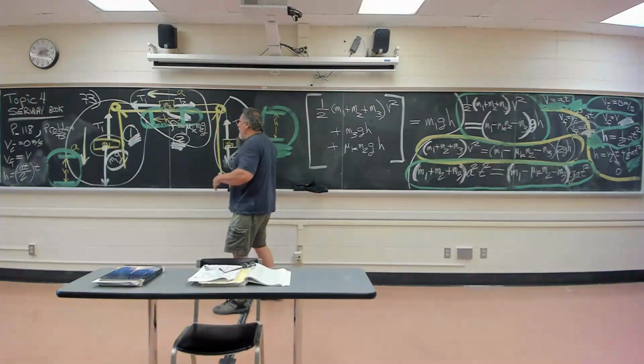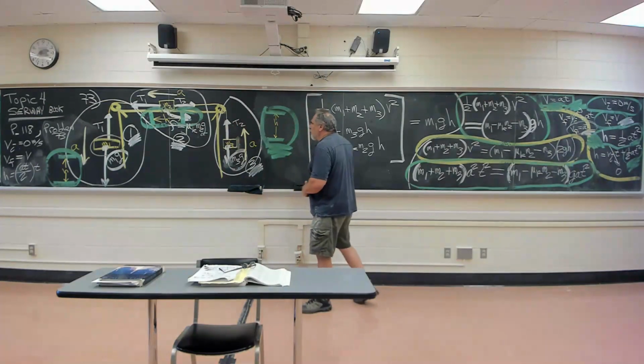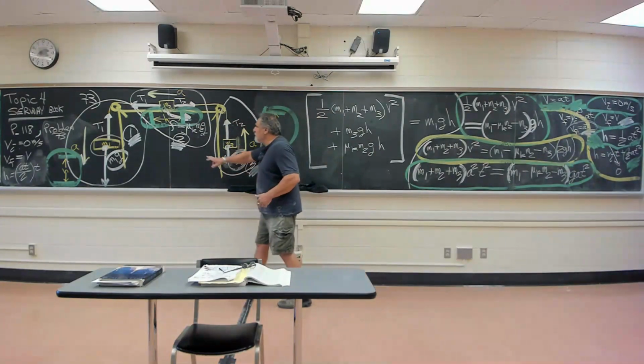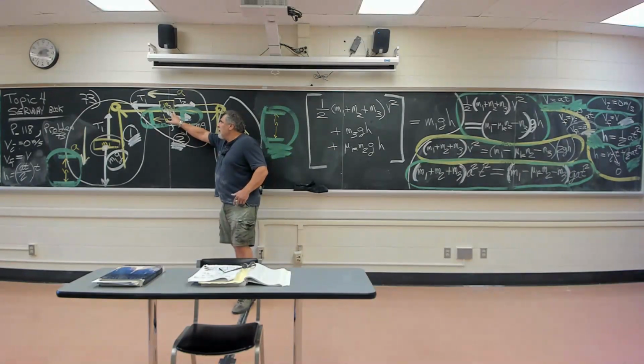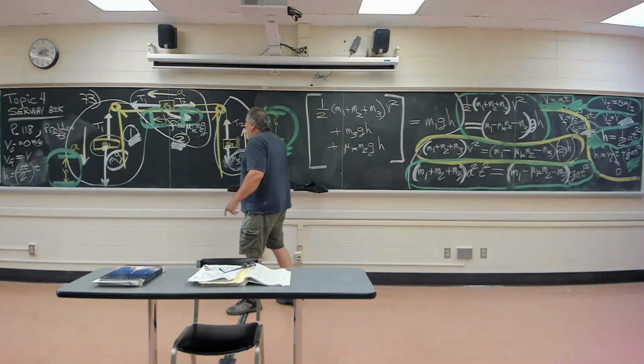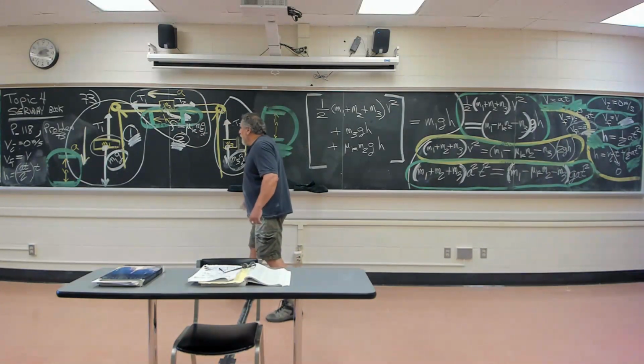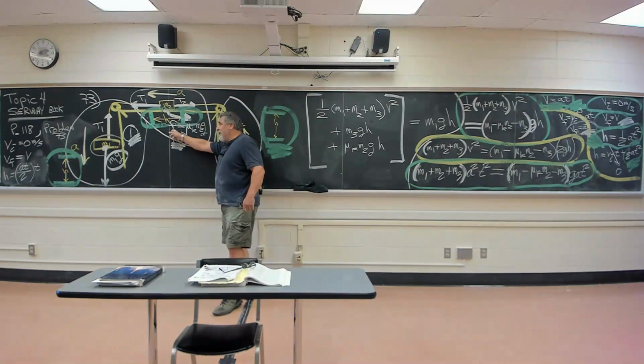Now, the ropes have no mass, the pulleys have no mass, there's no friction. The only place there is friction is between the table and M sub 2. The frictional force being offered is mu sub k m2 g. We've already talked about that.